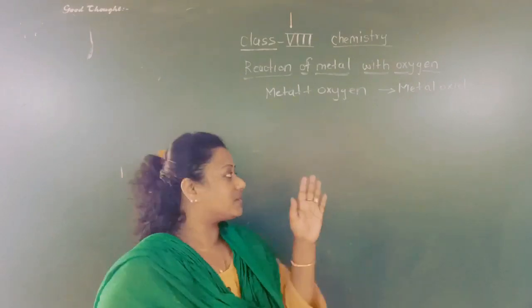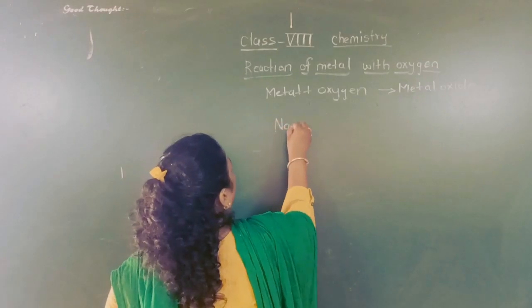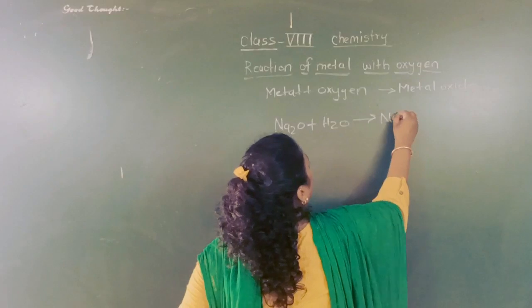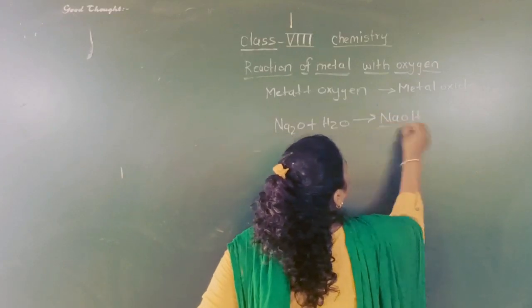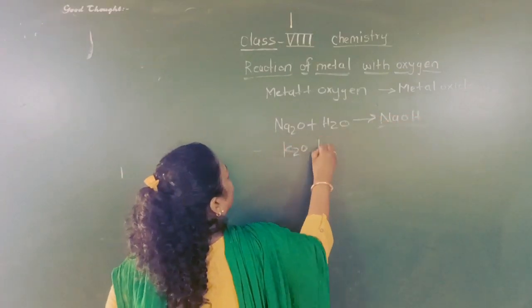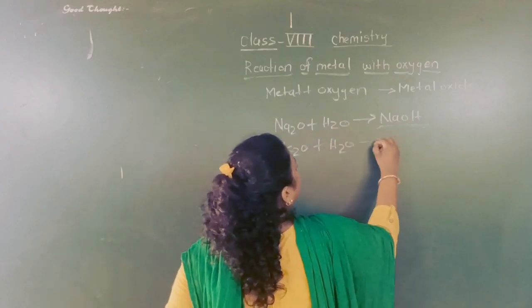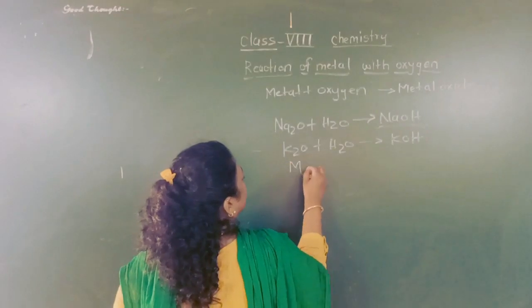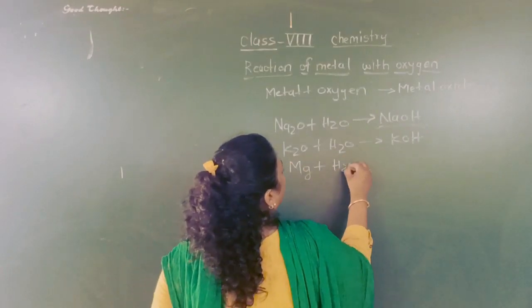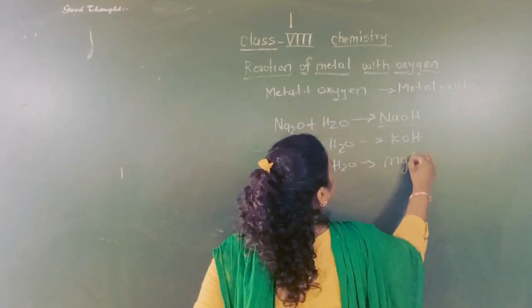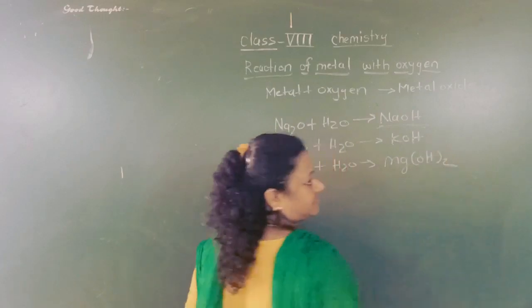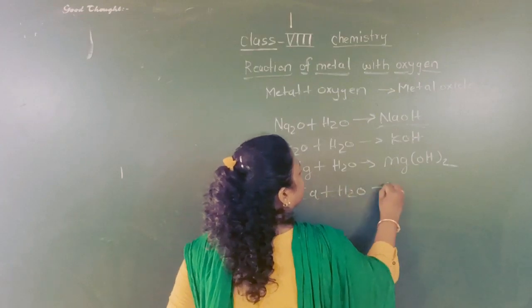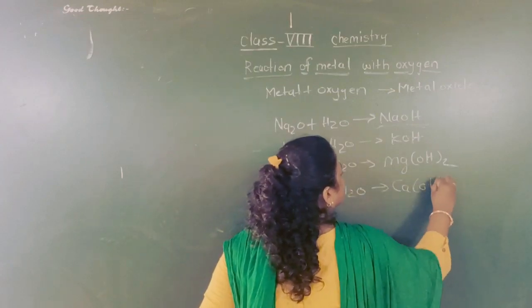Na2O plus H2O forms NaOH. K2O plus H2O forms KOH. Mg plus H2O forms Mg(OH)2. Calcium plus water forms Ca(OH)2.